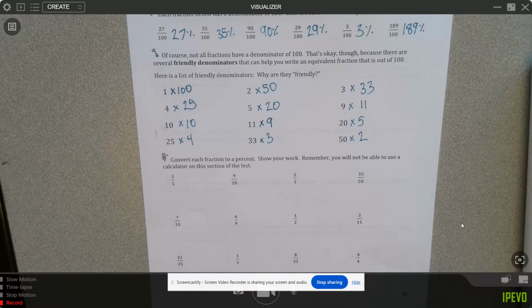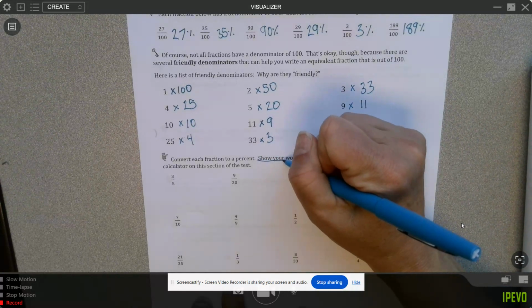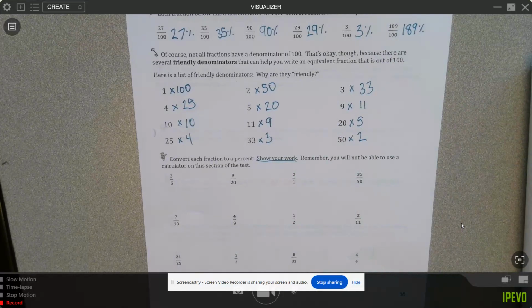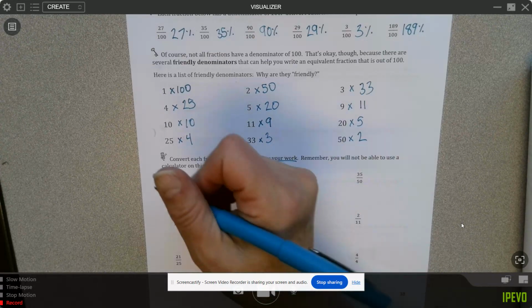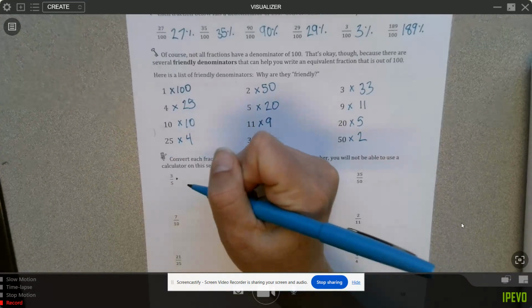Convert each fraction to a percent. Show your work. There are no gold stars for mental math. Show your work. Show me what you're multiplying by. Show me what your new fraction is. And then we're going to put the percentage. So if it's 3/5, what do I want to multiply by?